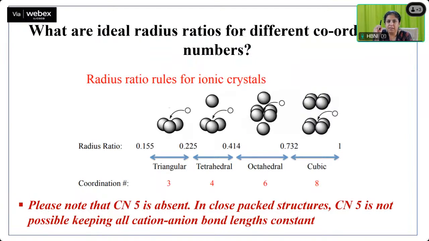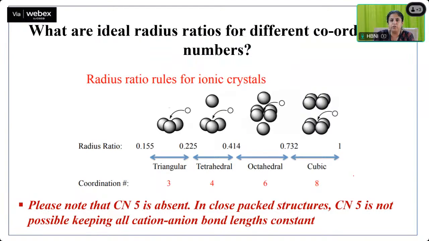There was no point of radius ratio because you had similar spheres being packed. But now we are talking of cation and anion, which are two dissimilarly sized species.